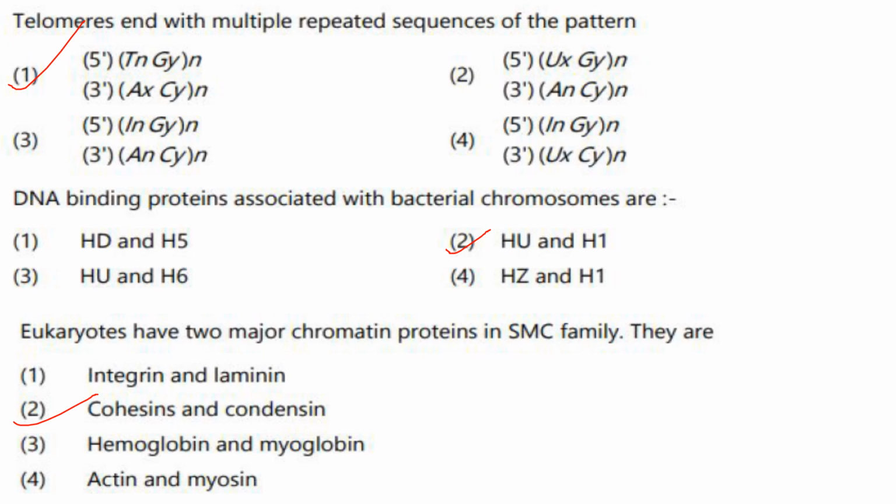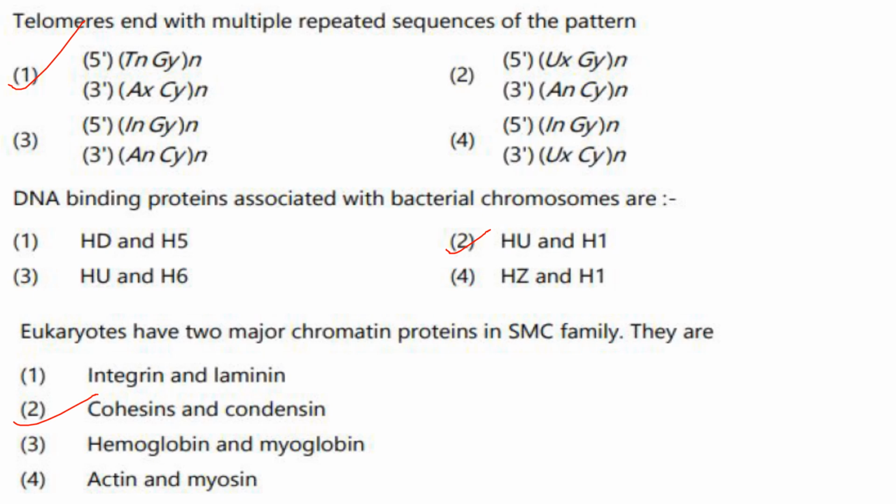So telomeres have T, T, A, G, G, G, repeated N times, where N is the number of repeats. So here if you see, only option 1 is having that sequence correct. So it is T, T, A, G, G. So option 1 is correct.